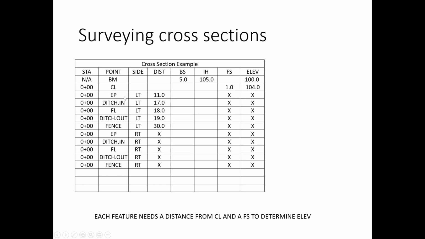And again, each one of these needs to have a description of what point it is, what side of the center line it's on, the distance to that point from the center line, okay? And then a foresight, and then we get our elevations. And so we just keep repeating this process at every single station we need a cross section at.